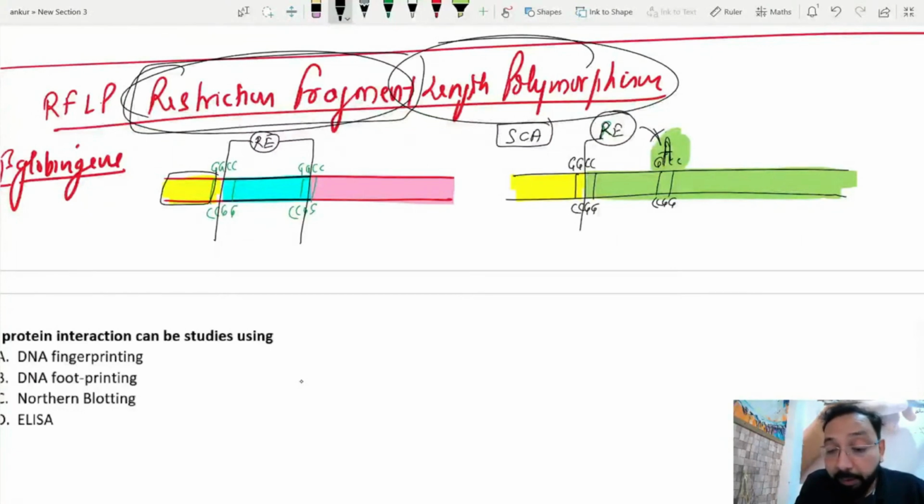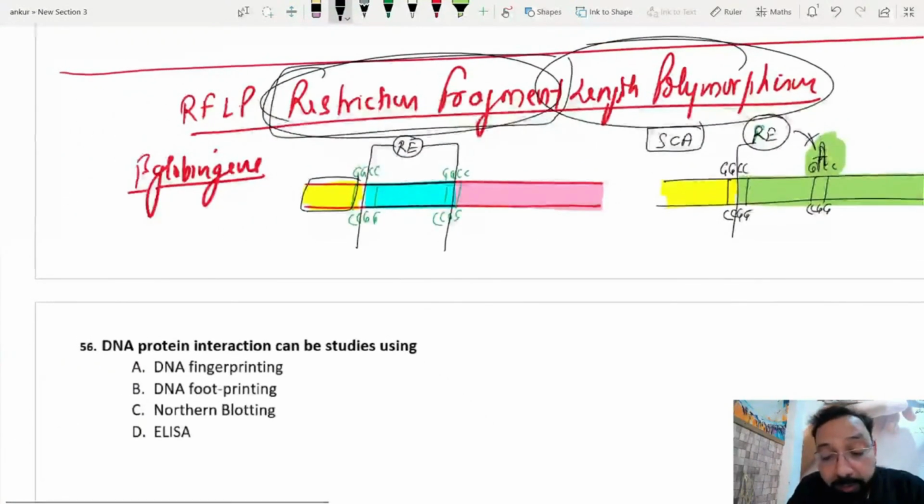So in RFLP, we can detect point mutation, even a single nucleotide change. How can it be detected? I know that in the normal beta globin gene, restriction endonuclease will cut at two sites, giving three fragments.